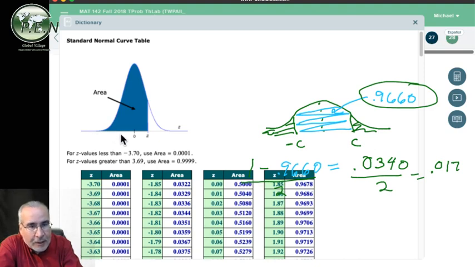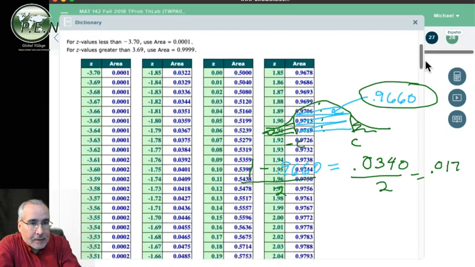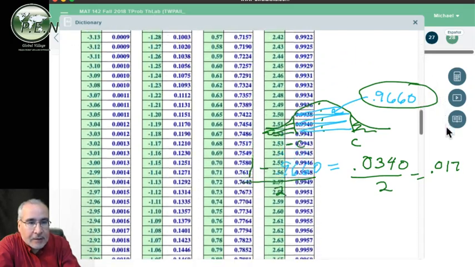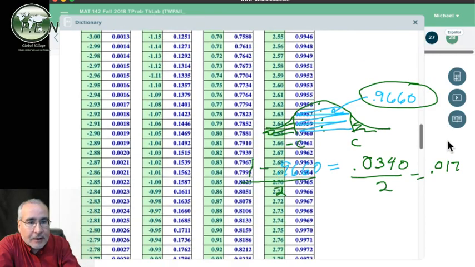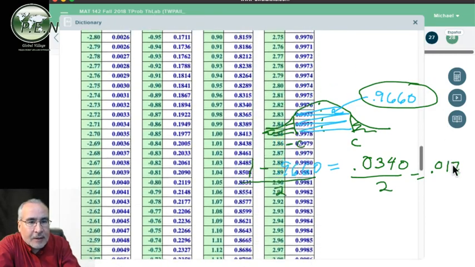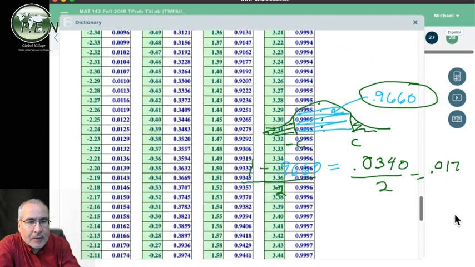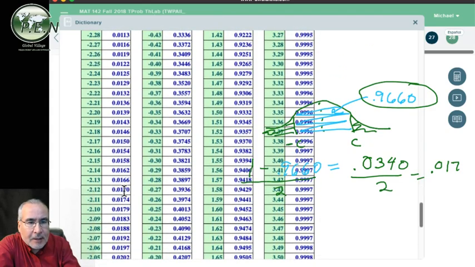It's going to give us a negative z if we're looking up the area to be 0.017. So 0.017, here we are, negative 2.12.